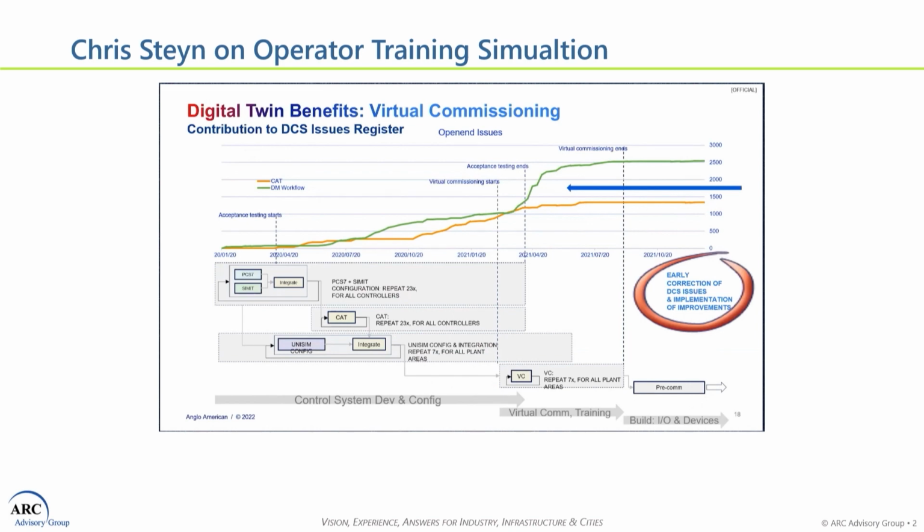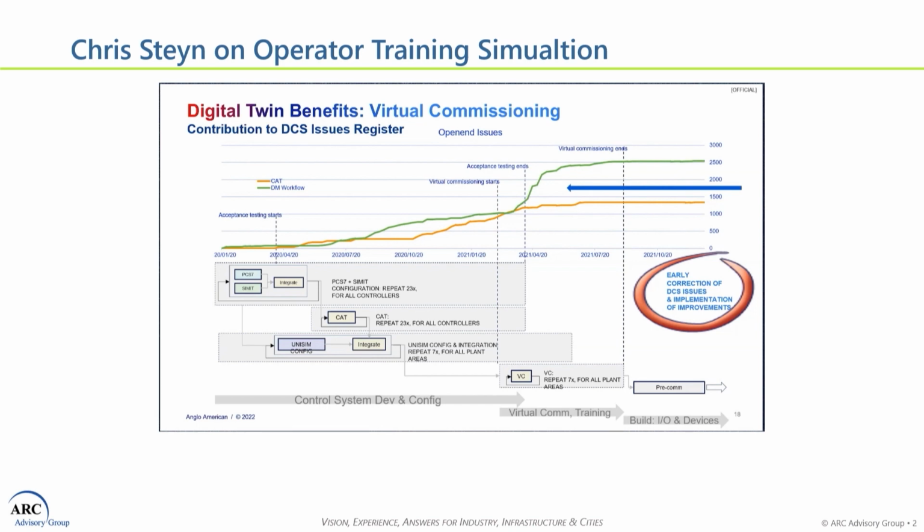Beg your pardon, the legend's not very legible. The orange is the one at Minas Rio, and the green is the plot for the Quellaveco solution. On the y-axis is the number of issues that were reported with the control system. What you can see here, at the point where the acceptance testing program was received, the number of issues registered is basically the same.